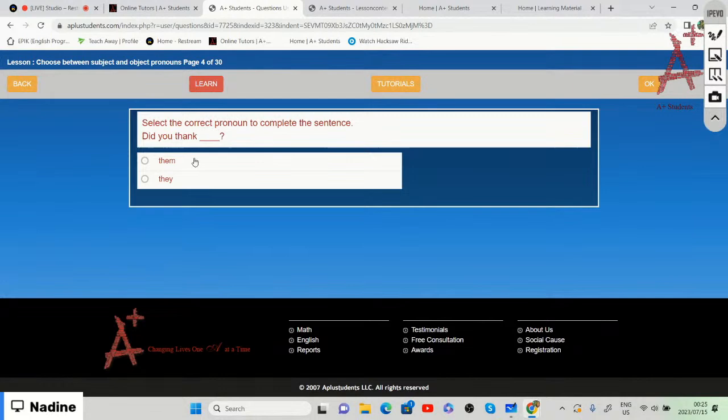Did you thank them or did you thank they? We need to choose between them or they. We need to select the correct pronoun within that sentence.